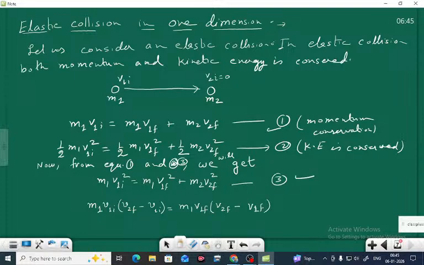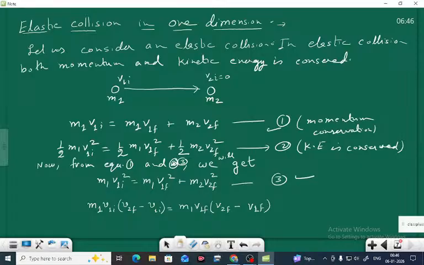This we are getting from equation 1 and 3. So you are getting this equation, right?